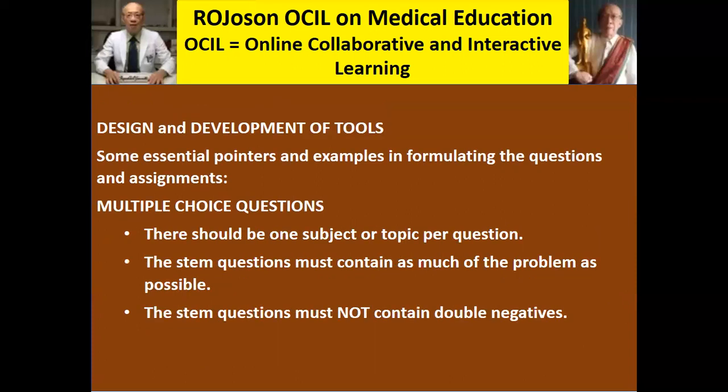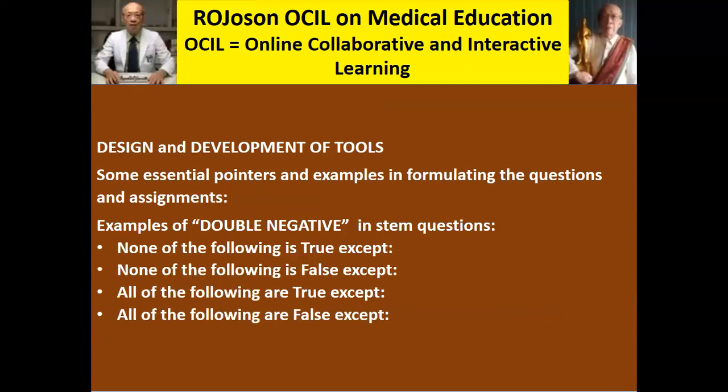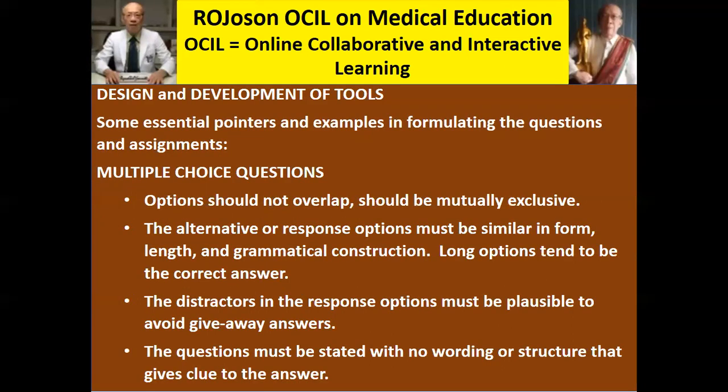There should be one subject or topic per question. The STEM question must contain as much of the problem as possible. The STEM question must not contain double negatives. Again, these are examples of double negatives as has been discussed earlier. Options should not overlap and should be mutually exclusive.